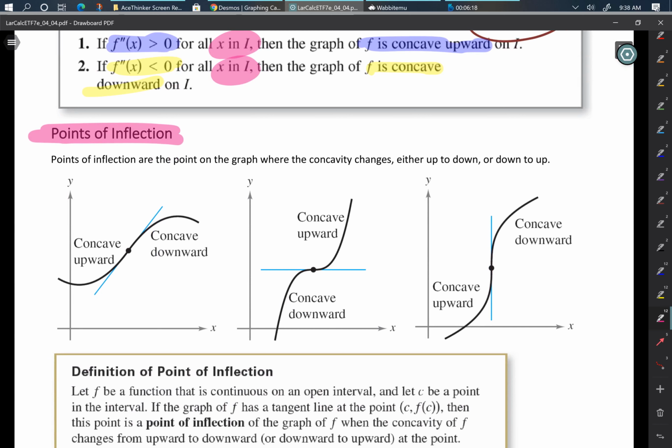Okay? Now I want to highlight something. It is a point on a graph. Simply because concavity changes does not mean that you have a point of inflection.